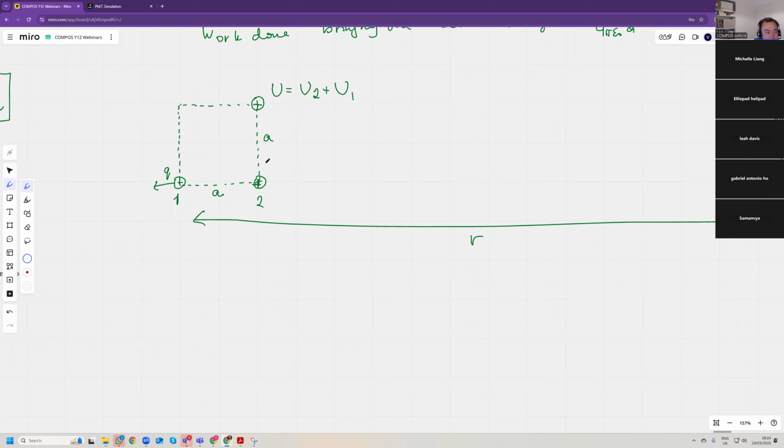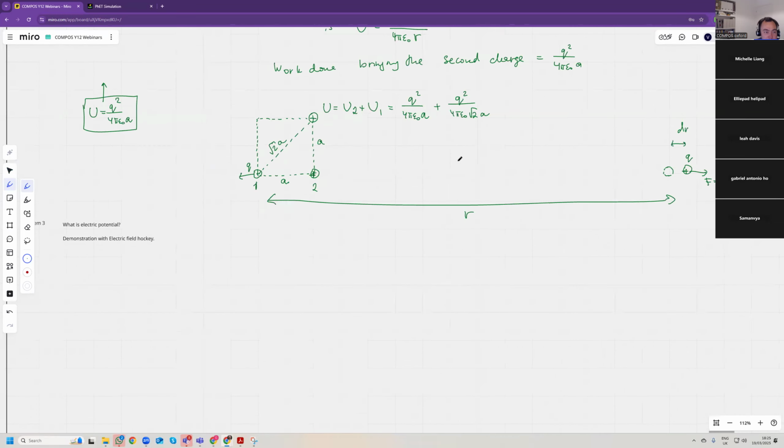Since we are a distance a away from charge 2, that energy is q squared divided by 4 pi epsilon naught a. But this charge is a distance square root of 2 a away from charge 1, which is plus q squared divided by 4 pi epsilon naught square root of 2 a.